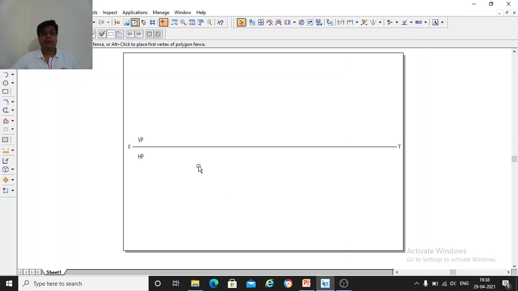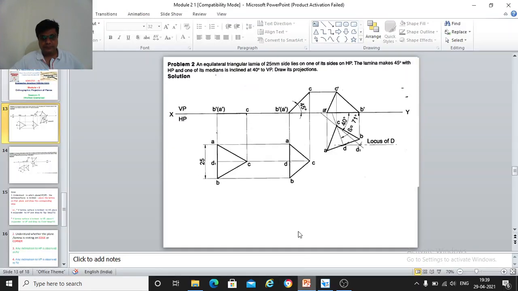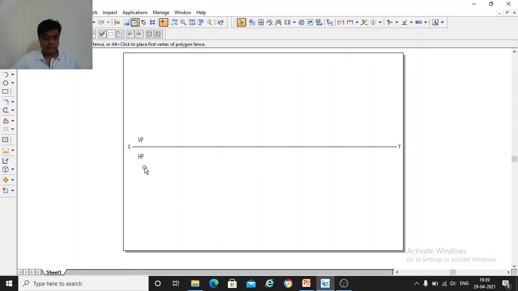Okay, so next thing is we will start drawing this top view. Since the surface is inclined to HP, you place it on HP, parallel to HP.